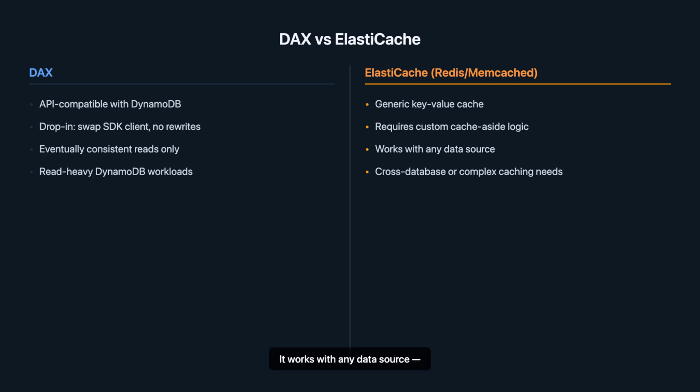It works with any data source, DynamoDB, RDS, an external API, anything, but you write all the cache-aside logic yourself. You decide what to cache, when to invalidate, how to serialize. The exam trigger is simple. If the question says minimal code changes to cache DynamoDB, pick DAX. If it says cross-database caching or generic caching layer, pick ElastiCache.